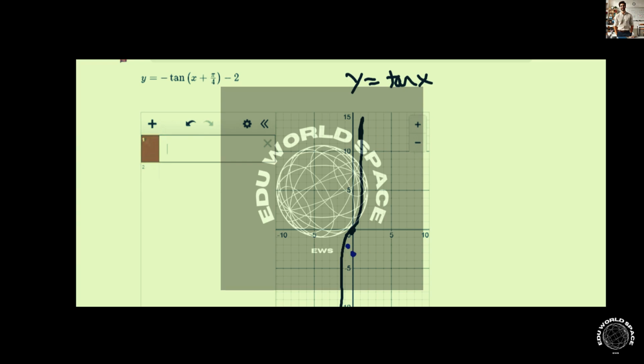That's a major point on this function here, (0, -3).